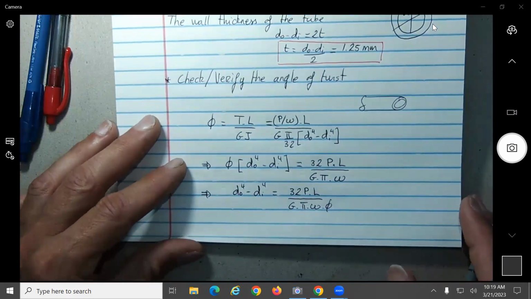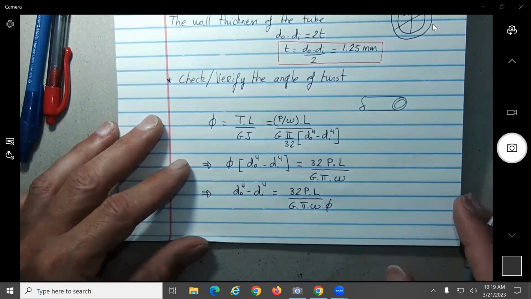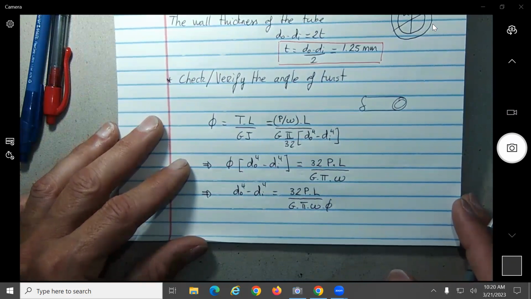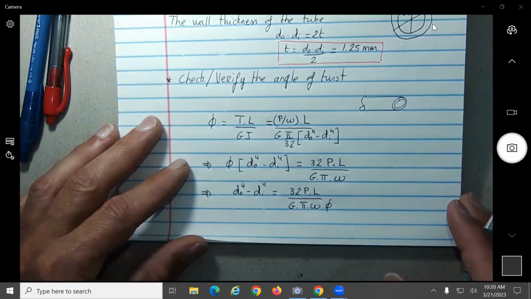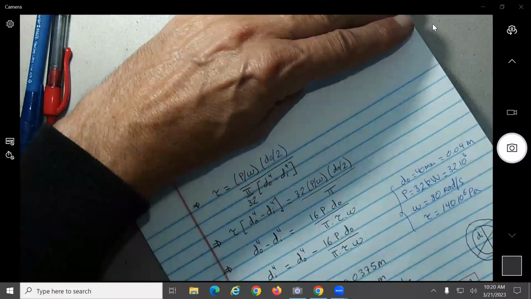I want to go to the next page. Next page, I'm going to leave that one still.